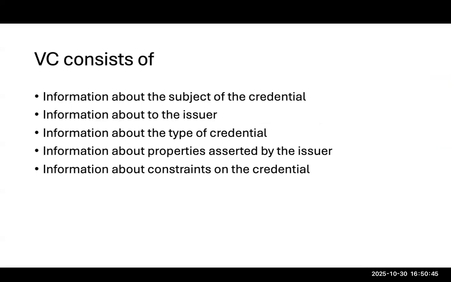A verifiable credential consists of several pieces of information. The most important is information about the subject of the credential. We will see the data model, and we also have the opportunity to extend it with any property we want to describe, also with common language, the identity of a subject.